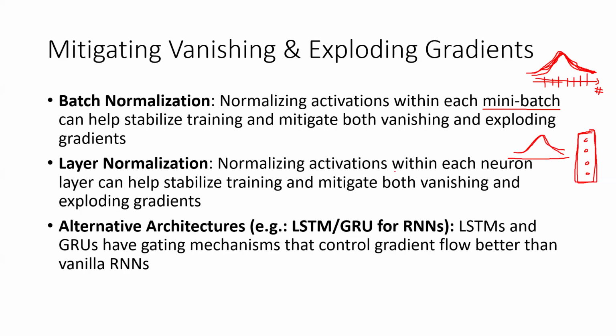In this case, we are trying to avoid the values getting too large or too small by trying to fit them into a normal curve that we assume the value should follow. That is the technique of using batch normalization and layer normalization. We will be learning about this in detail in upcoming slides.